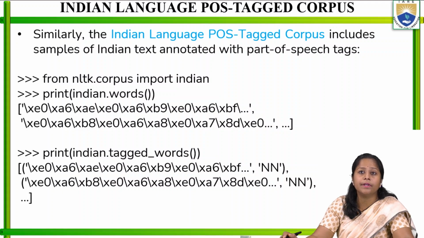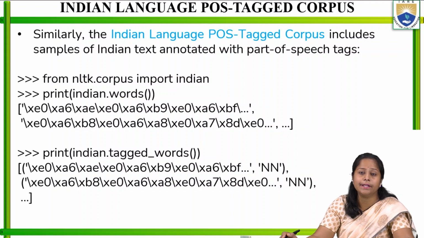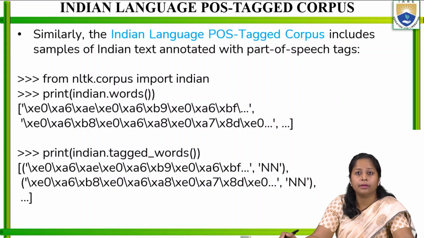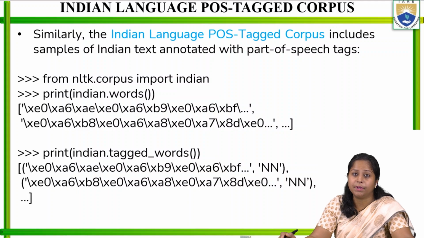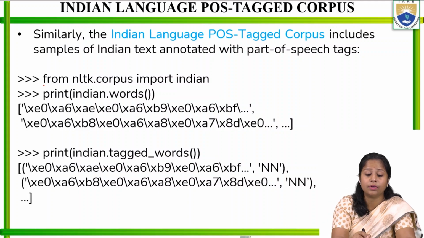Now the Indian language POS tagged corpus is there, that is the third type of corpus in the corpora. Similarly, the Indian language POS tagged corpus includes samples of Indian text annotated with part of speech tags. So now I will show you the Indian corpus. In that I need to write from nltk.corpus import indian.